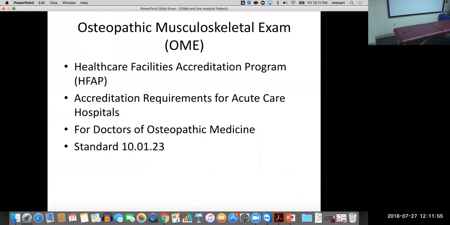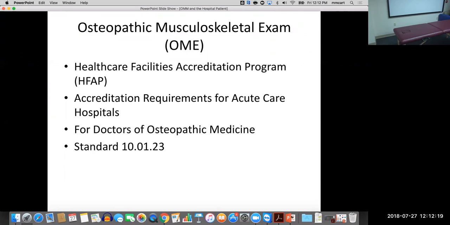So that brings us to really what the purpose of the talk was for today, which is the osteopathic musculoskeletal exam. And it's actually a requirement for this hospital. So we're accredited by the Healthcare Facilities Accreditation Program, the HFAP, and there are accreditation requirements for acute care hospitals.